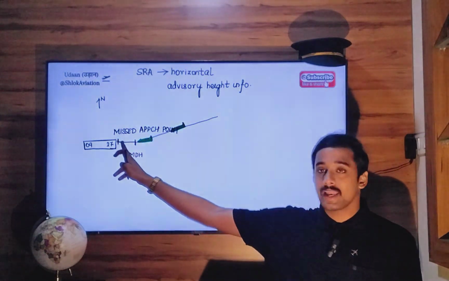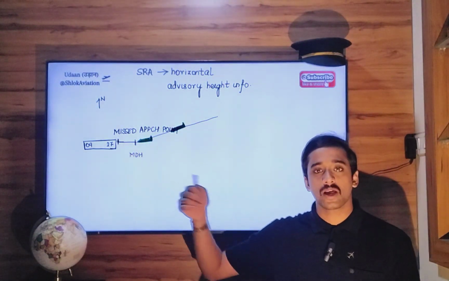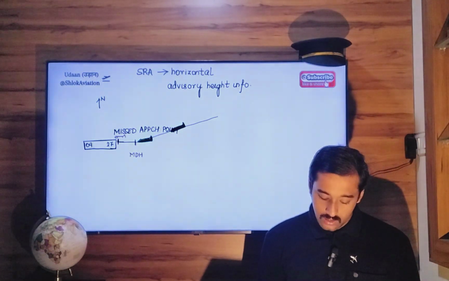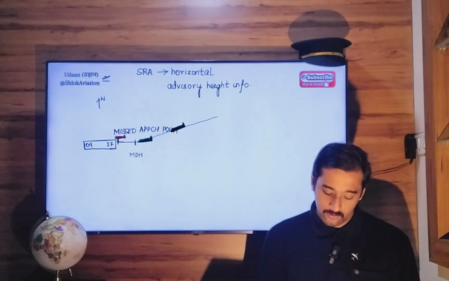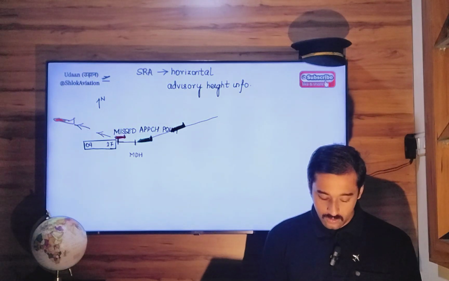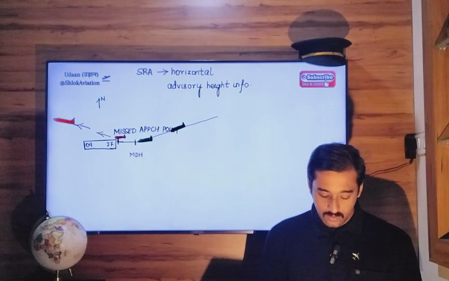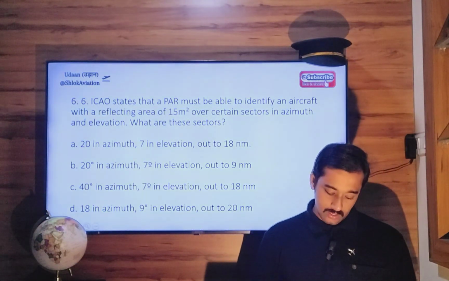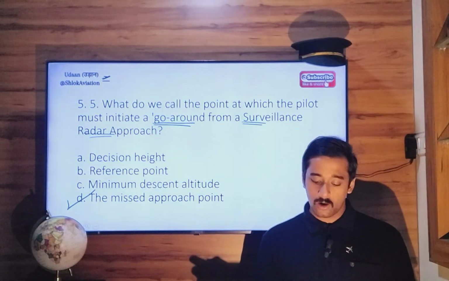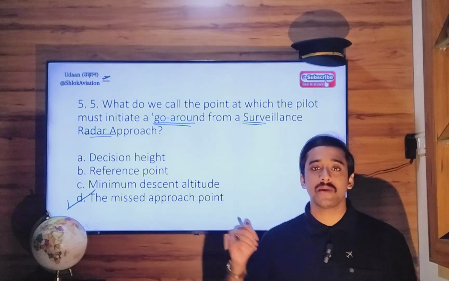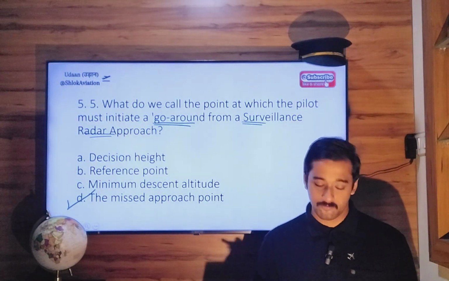So from here you fly level and somewhere very close to the runway threshold, once you reach the missed approach point, you will go around. So this is what happens. Remember this, you must initiate a go around from a surveillance radar approach at the missed approach point, which will be beyond minimum descent altitude or minimum descent height.